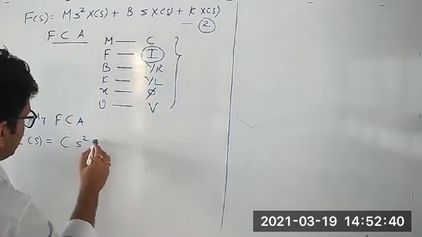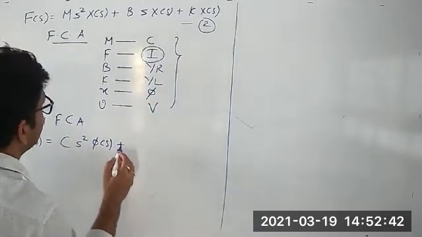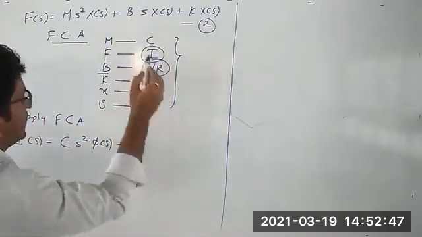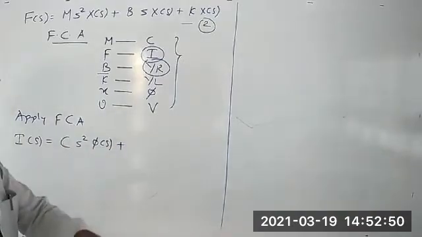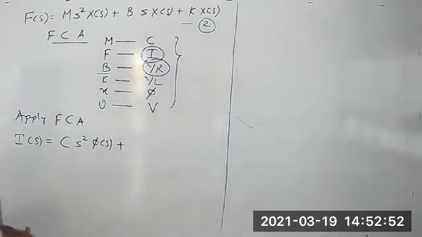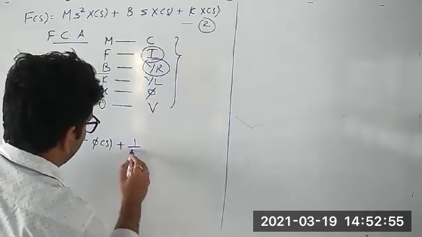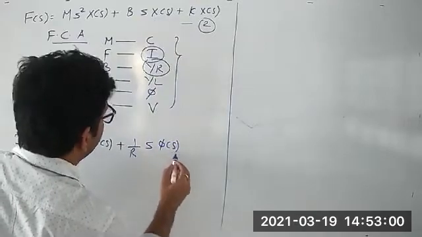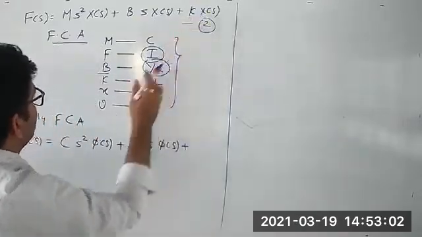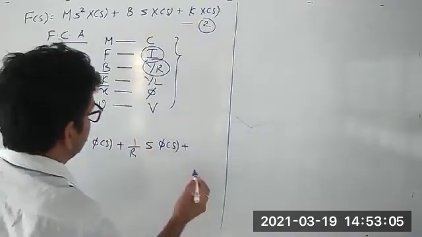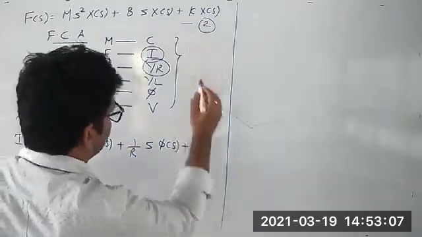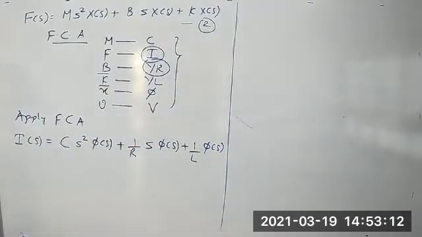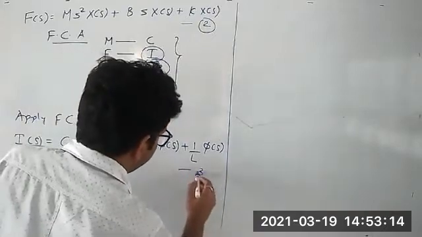Then plus capital B, the damping coefficient, replaced by 1 by R, the inverse of resistor, so 1 upon R into s into phi of s. Then plus K, the spring constant, replaced by inverse of inductor, into phi of s, which is very important. Let this be equation number 3.